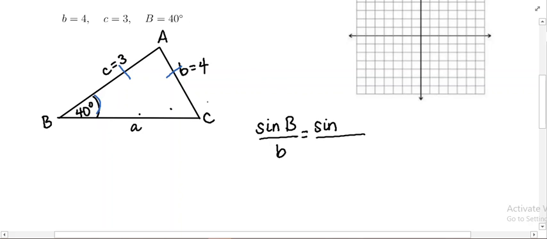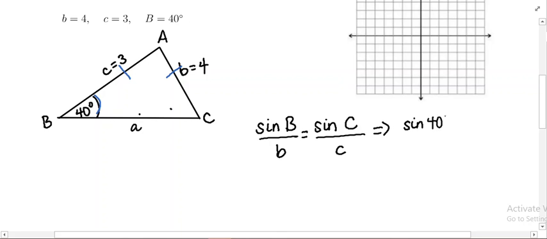Well, the answer is C because we have half the information about C. We know the side length C is 3 units. So we're going to do sine of C over C. If you had used sine of A over A, you don't know angle A and you don't know side length A, so you'd have more than one unknown in your statement, and then you can't solve.